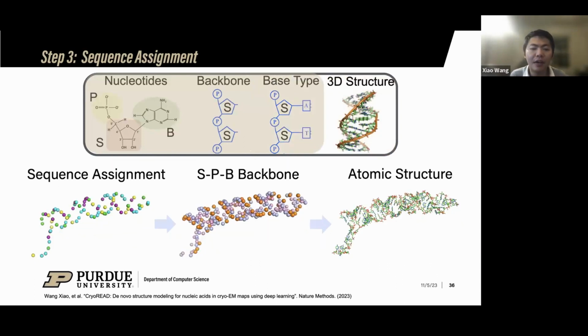After we have the final sequence assignment, we check the neighboring phosphate and base nodes to have the sugar phosphate base triangles. And if we check the standard nucleotide sugar phosphate base triangles, we can use that geometry information to place different standard atomic structures along the sugar phosphate base backbones so that we can have the atomic structures.